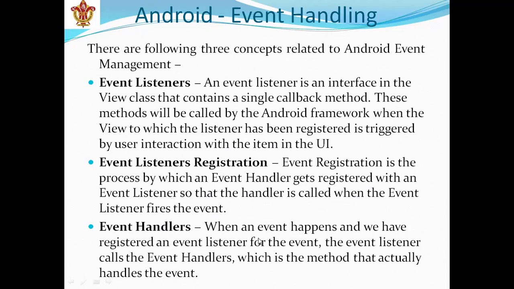Event handlers: when an event happens and we have registered an event listener for the event, then the event listener calls the event handler, which is the method that actually handles the event. That is called the event handler.